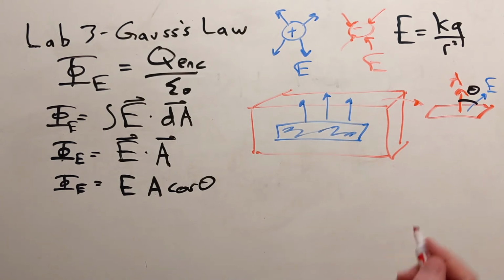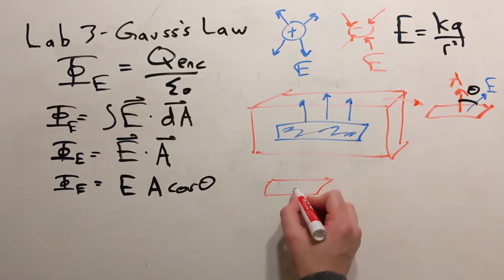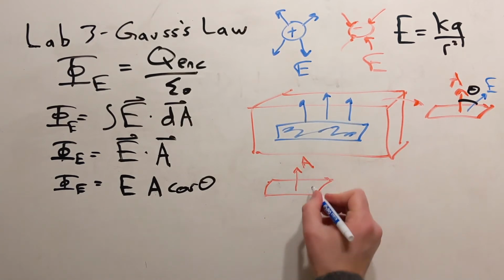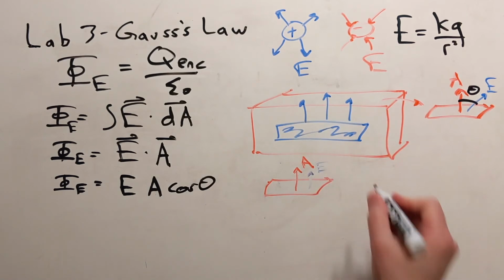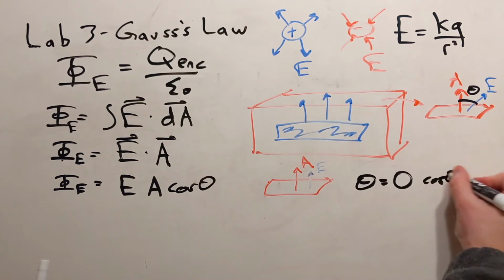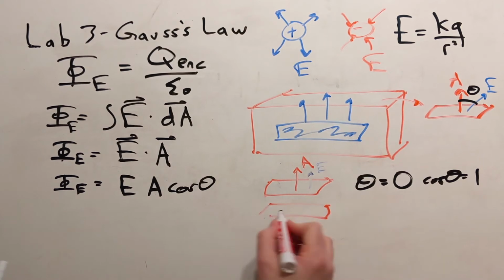Now let's talk about a few special cases here. For example, if my area vector here pointed upwards still, and the electric field was also pointed up, well, in that case, then the angle would be equal to 0, and the cosine of 0 is equal to 1. So in that case, we can pretty much disregard the area vector. Same thing again, area vector pointed up.